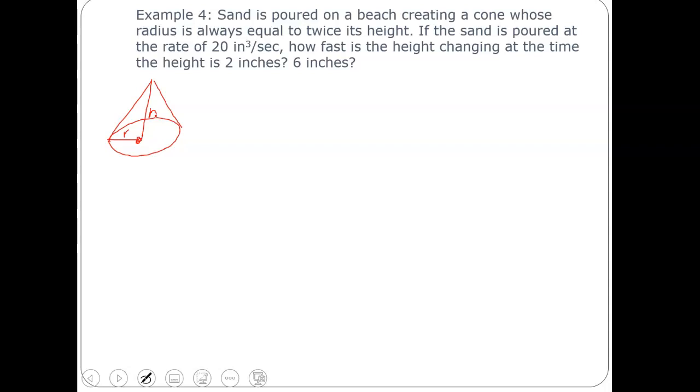So if the radius is 4, the height is 2. If the radius was 2, the height is 1. So radius equals 2h, or h equals half the radius. Either way is fine.